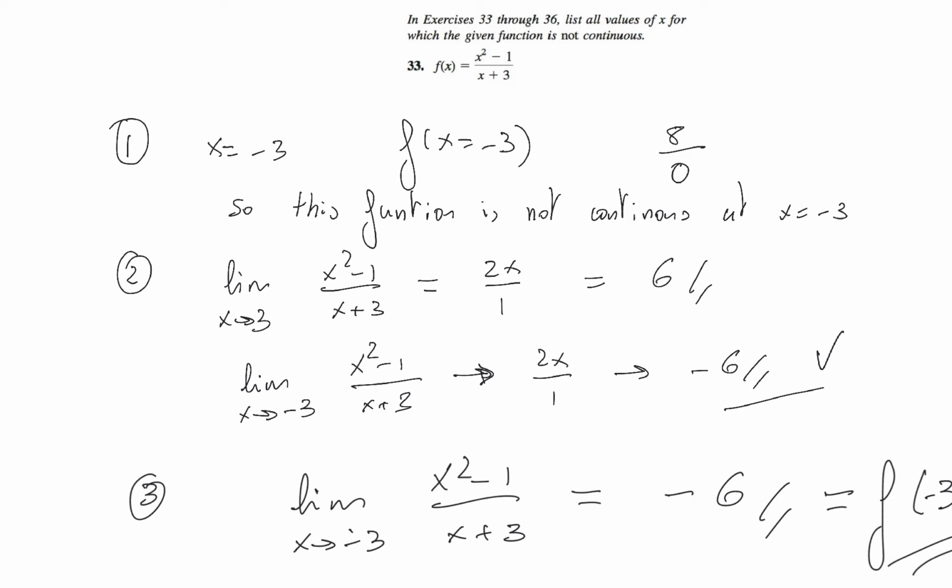In this case, f of minus 3 doesn't exist, so it's not continuous. These are the three conditions. Let's go to the next.